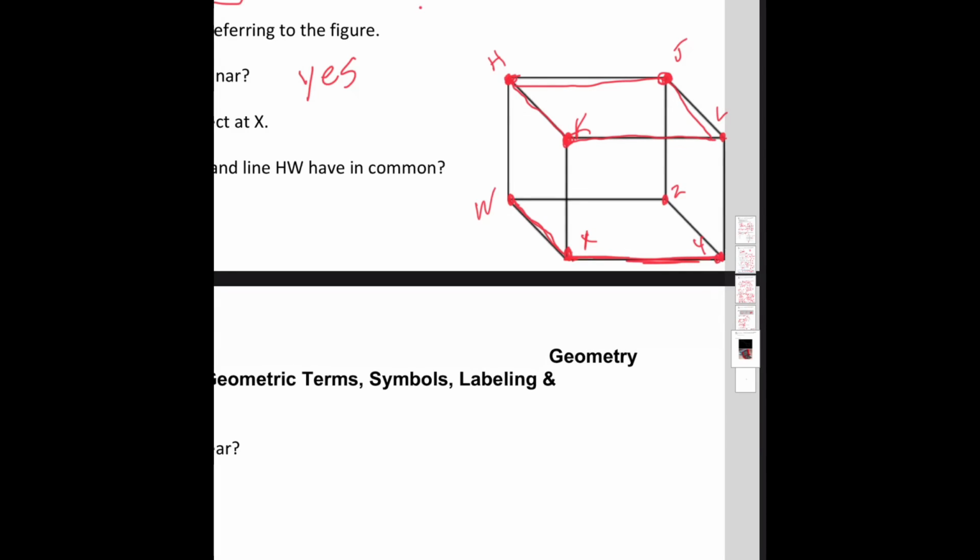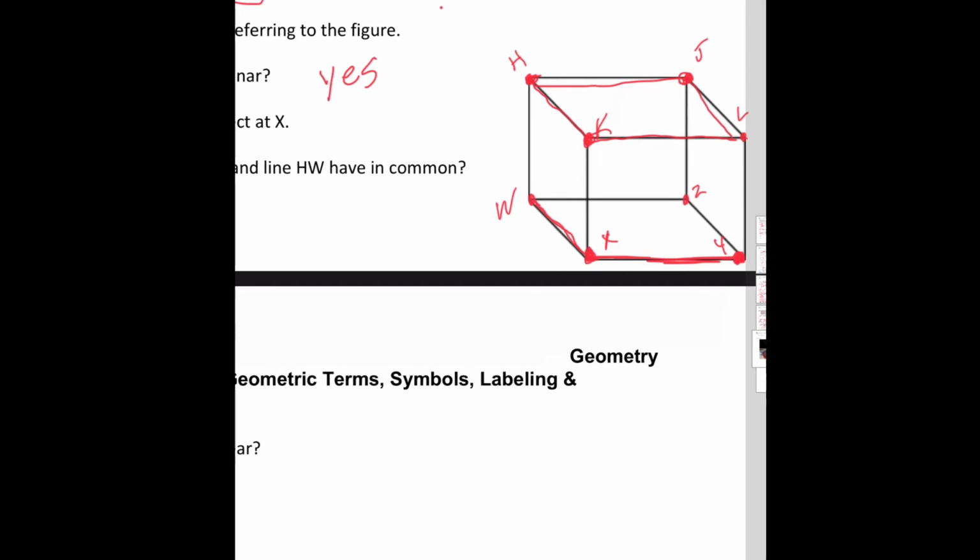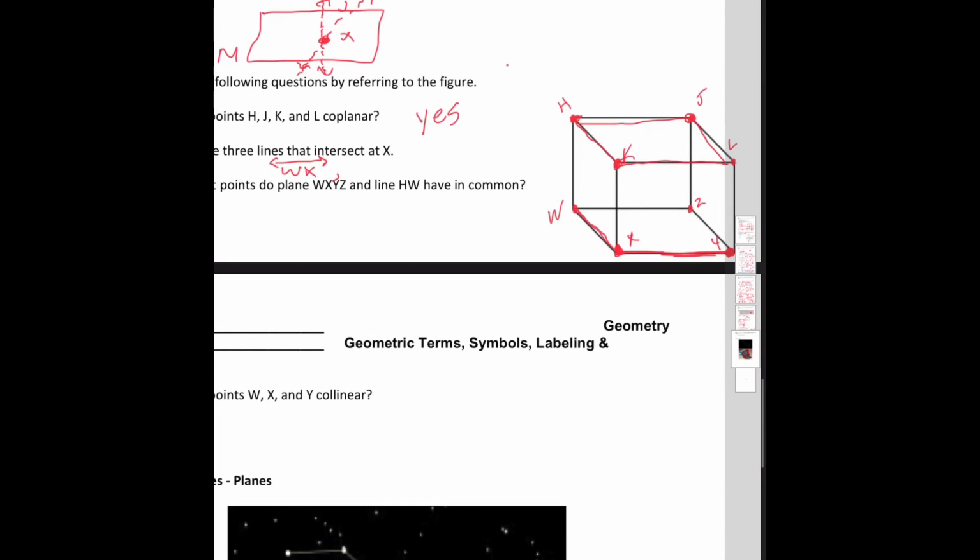So we have the same thing going on. It intersects at point X. Here's our other point of the line. Then finally, we need one more line, and that would be line KX here that goes up and down. They all intersect at point X.